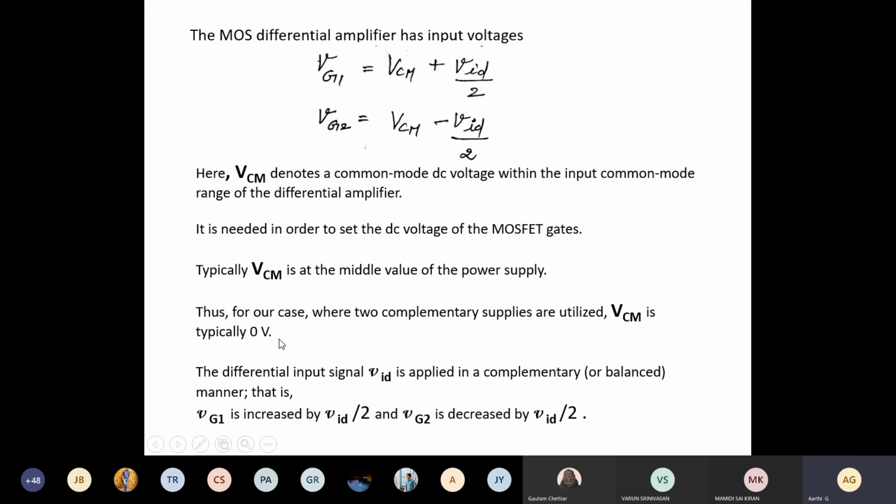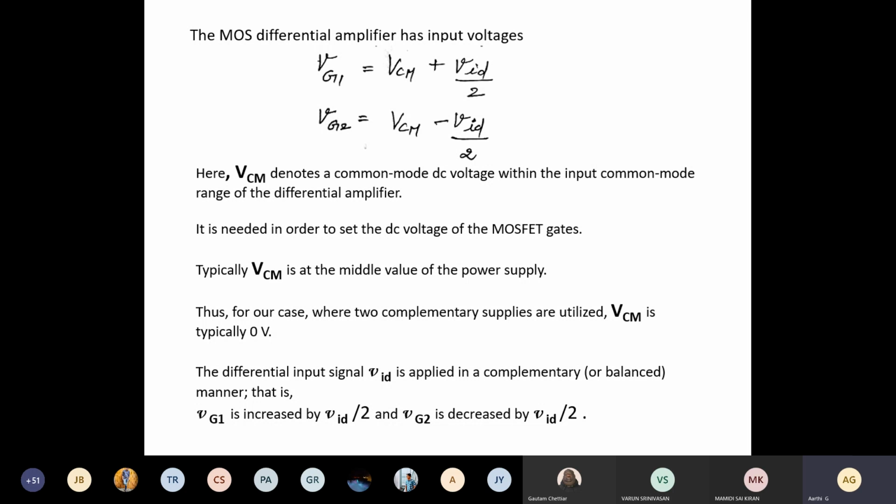Here we are taking around 0 volt for the DC value. The differential input signal VID is applied in a complementary manner. That is, we give plus VID by 2 for the first transistor and minus VID by 2 for the second transistor. So these are the two input signals applied at the gates of the transistors.